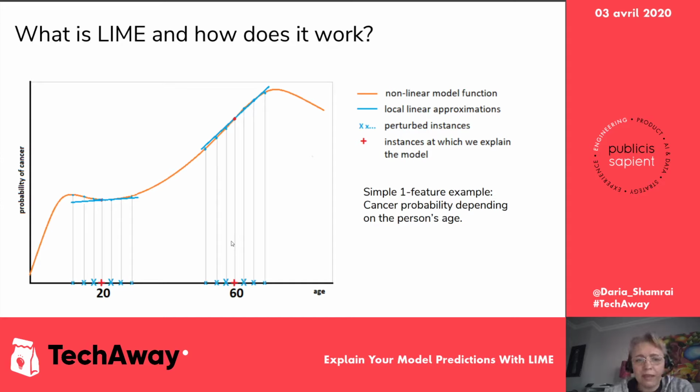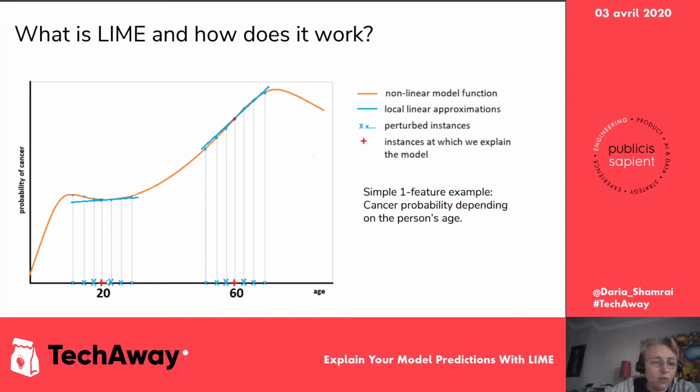And you can probably guess that based on this LIME approach, explaining the value of the model, around 20 years the coefficients of the approximation model would be rather different than those of the local linear approximation which we build for the one who is 60 years old, right?